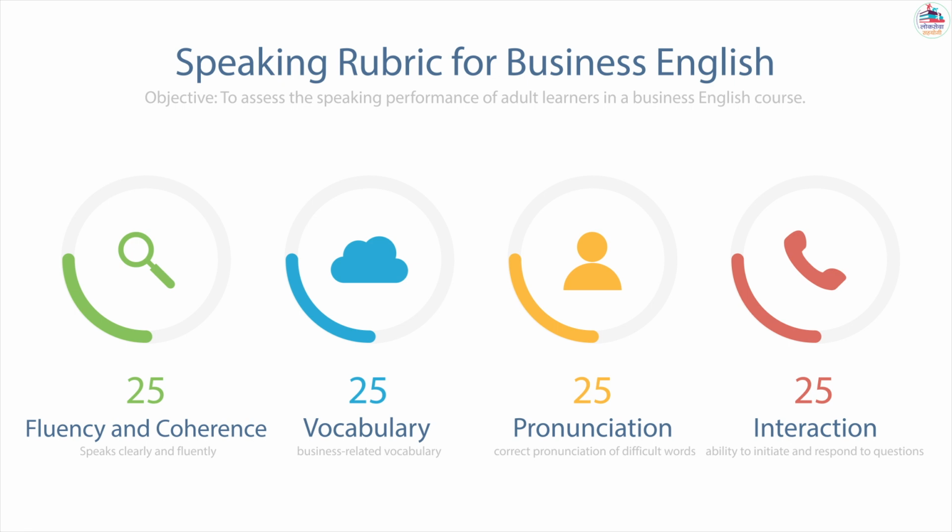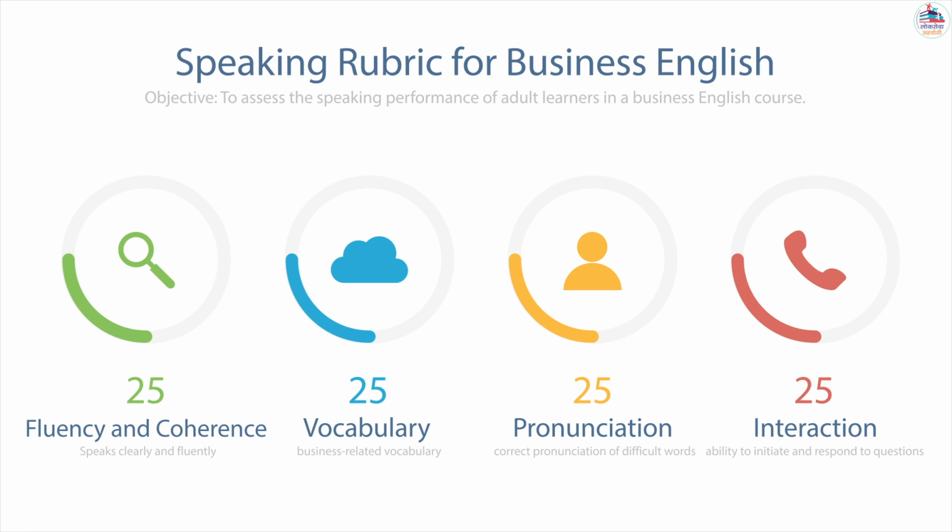Similarly, pronunciation. You can separate pronunciation 25 points, which demonstrates correct pronunciation of difficult words and uses intonation and stress appropriately while speaking.